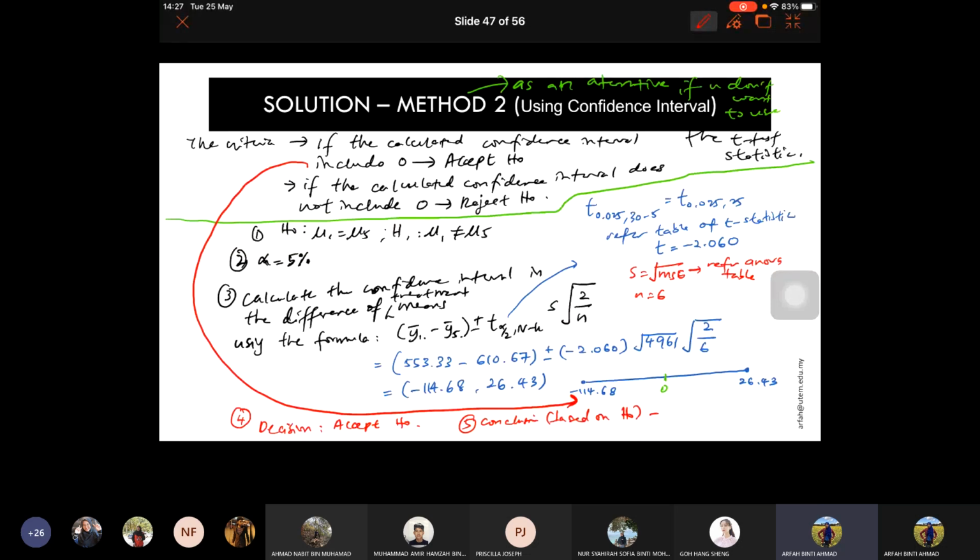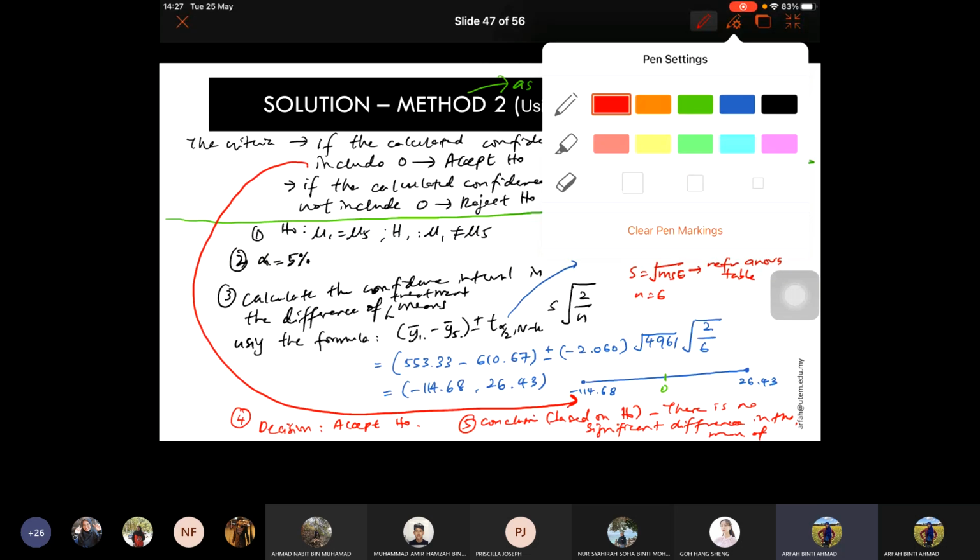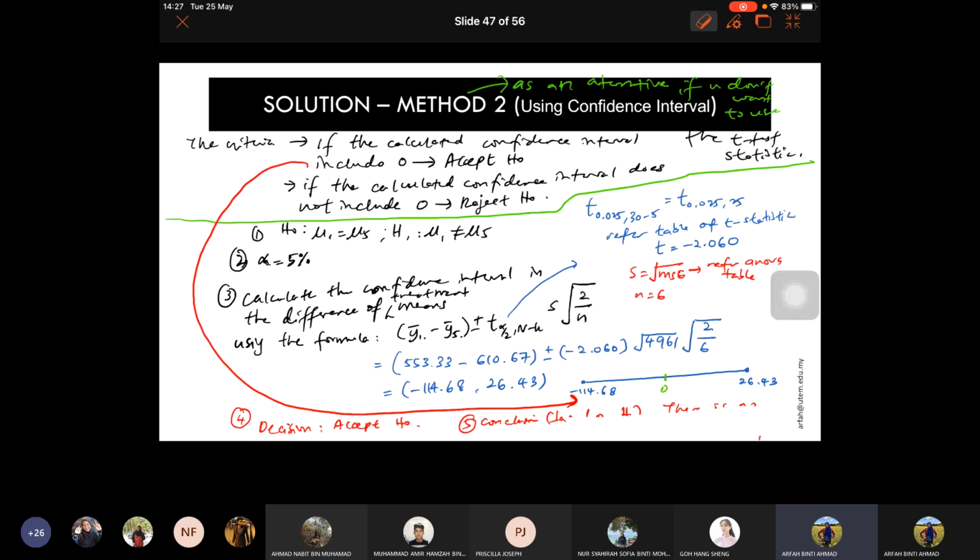That is, kita boleh kata there is no significant difference, okay, in the mean of aggregate 1 and aggregate 5.